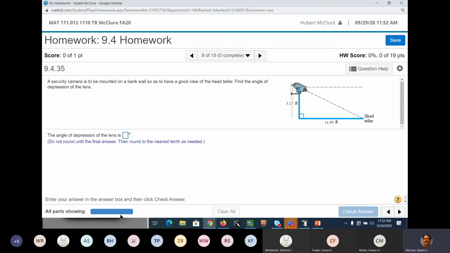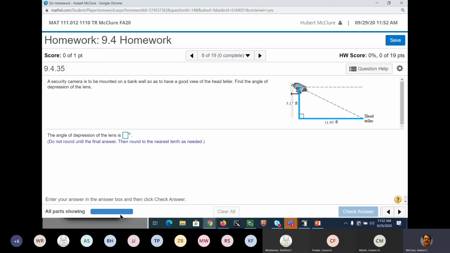A security camera is mounted on a bank wall. 5.17, 11.95, and that's it.